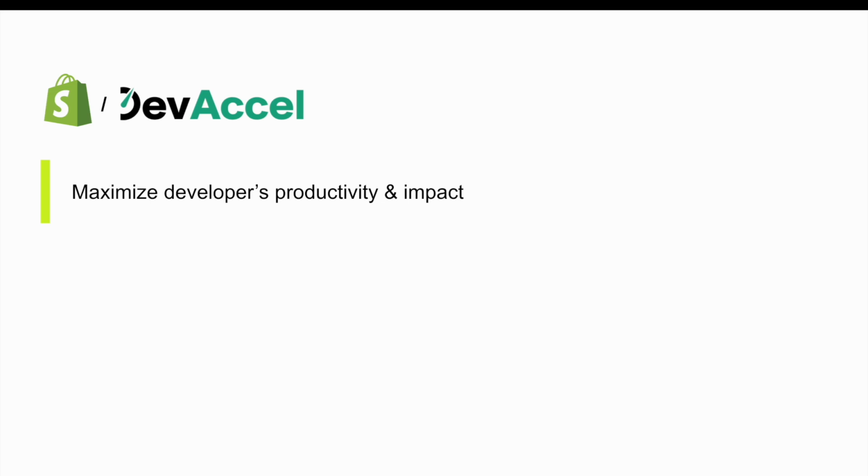So, developer acceleration has its own goals. We aim to maximize productivity of our developers by providing necessary tooling to replace slow processes. We hope that a more productive developer will make bigger impact.